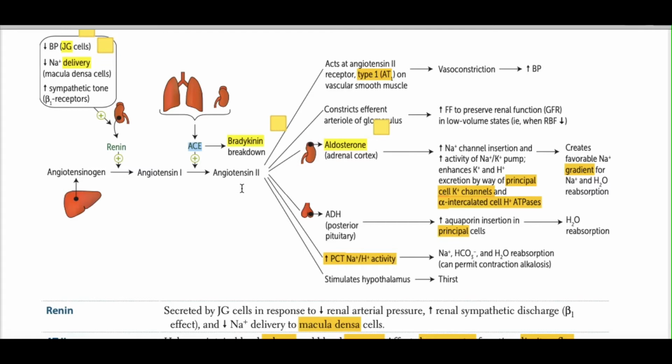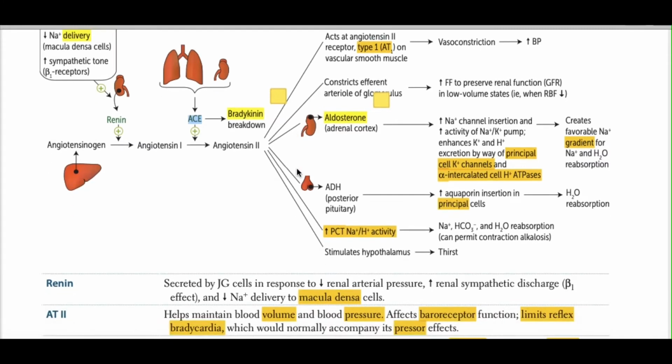First of all, it helps maintain blood volume and blood pressure, and has effects on baroreceptor function, limiting reflex bradycardia, which would normally accompany its precursor effects. So what are baroreceptors? Baroreceptors are present in the carotids.